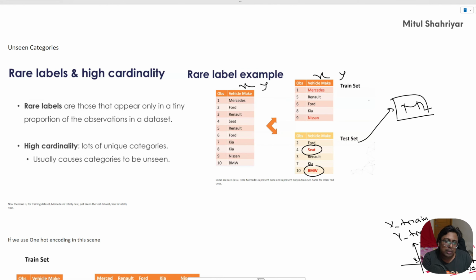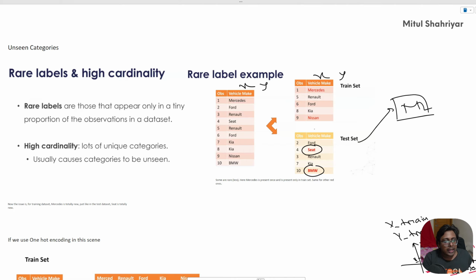As you have trained this ML model only on this X data, it never learned about this data. So that's an issue. And that is why you can see, okay, so this is a column, and every value we have can be considered a label. Okay, labels. And you can see that SEAT and BMW are basically new labels for these trains, because there is no SEAT and BMW in the train dataset.